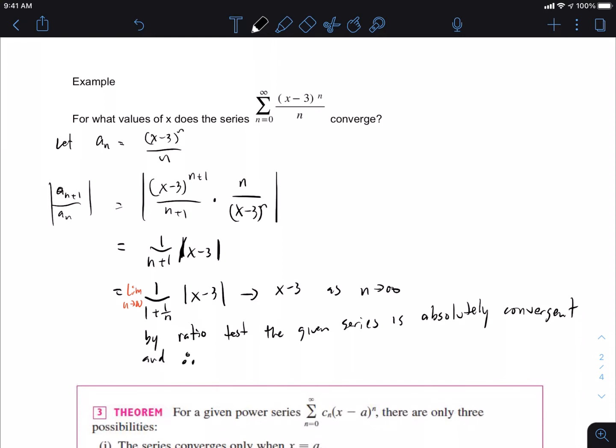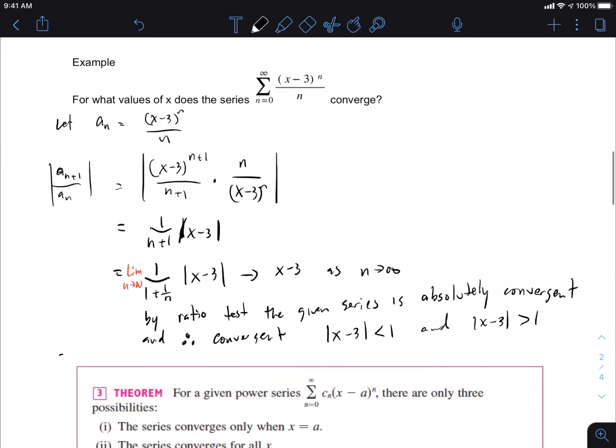And therefore, convergent when the absolute value of x minus 3 is less than 1, right? Well, that was part of the ratio test. And divergent when the absolute value of x minus 3 is greater than 1.